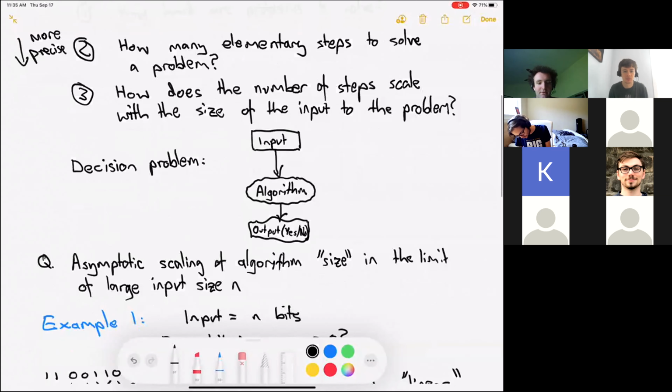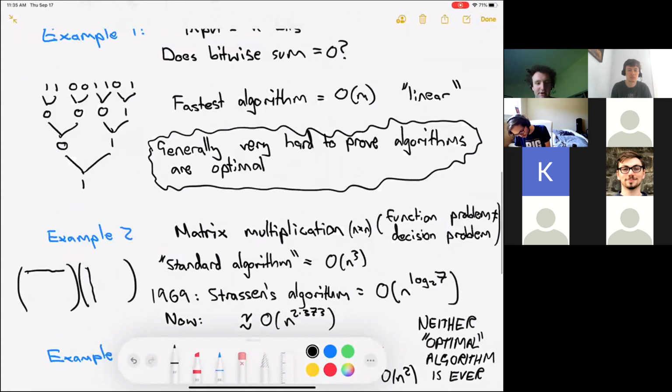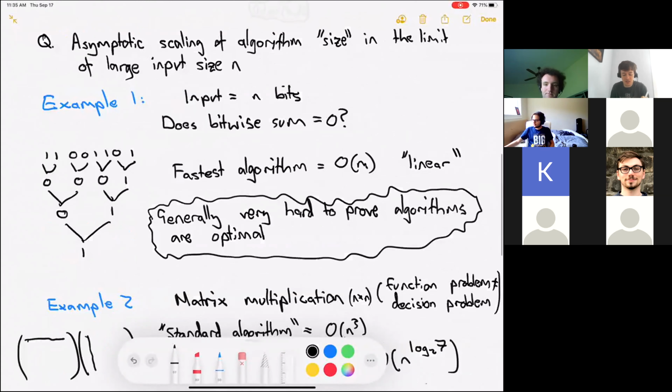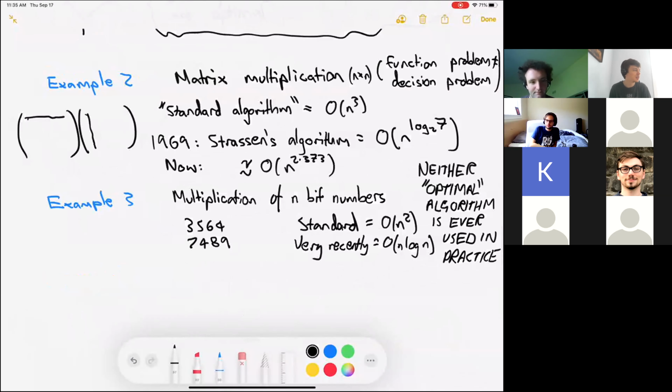Yeah. I have a question. In terms of reducing the complexity, like by the order, do they find redundancies in the information, and that's how they're able to scale down? Yeah, basically. So Strassen's algorithm, for example, is really just a trick where you're able to evaluate a 2x2 matrix in 7 steps rather than 8 steps. And then there's a way to recursively apply that to matrices within matrices.